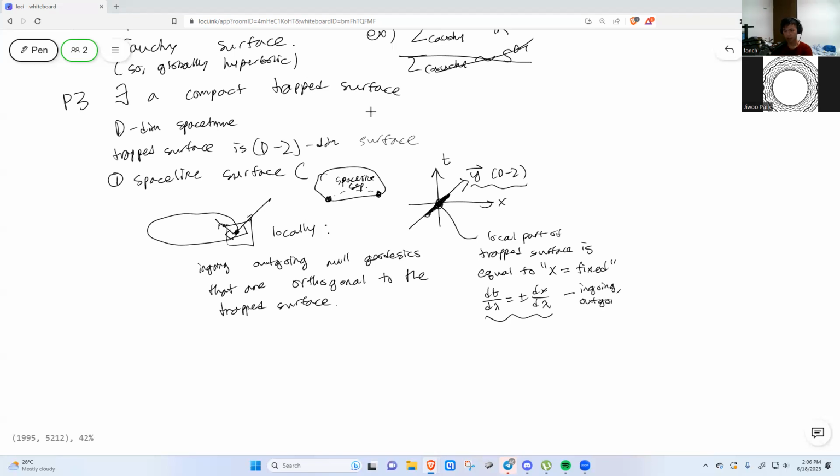I see. So you see that you have these two null vectors that are shooting out at every point, and they can be classified as ingoing and outgoing. And we can define theta.